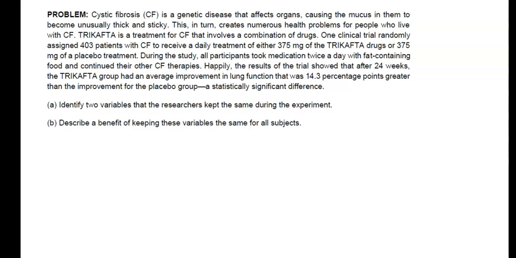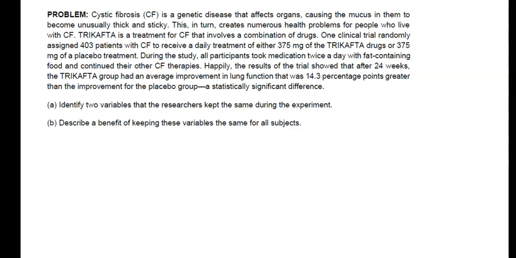Cystic fibrosis is a genetic disease that affects organs, causing the mucus to become unusually thick and sticky. This in turn creates numerous health problems for people who live with cystic fibrosis. Trikafta is a treatment for this disease that involves a combination of drugs. One clinical trial randomly assigned 403 patients with cystic fibrosis to receive a daily treatment of either 375 milligrams of that drug or 375 milligrams of a placebo, a fake drug, like a sugar pill.